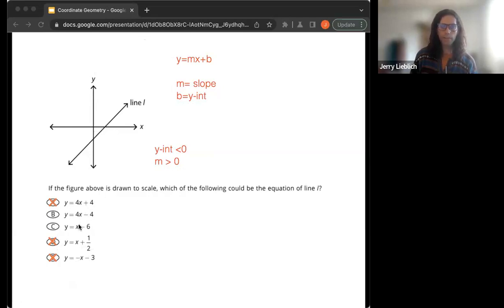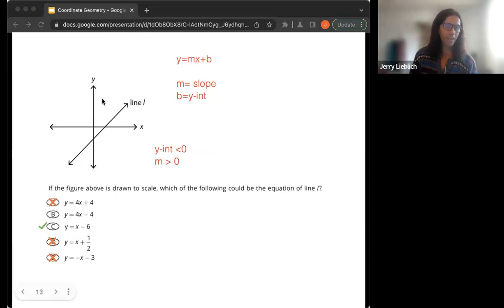Instead, I'm just going to have to use the slope. Keeping in mind, this is a steeper slope. This is a slope of 1, so it's going to be at 45 degrees. And you know what? That's what I've got here. This is a 45-degree m equals 1 line. So my answer is going to be C.